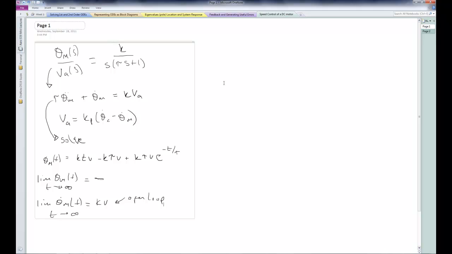So if we add feedback to the system, we're now essentially substituting in this control law into that differential equation, and we end up with tau theta m double dot plus theta m dot is equal to Kp times (theta c dot minus theta m dot).